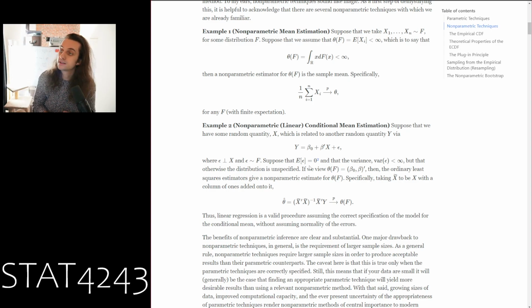And so what we'll do in today's lecture is talk about that. It's something known as the plug-in principle or the plug-in technique. We can form plug-in estimators through it. And in order to talk about that, it's going to require us to explore the empirical CDF a little bit more. I know we touched on this when we were introducing our background mathematical statistics, but we'll talk a little bit more in depth about that today.